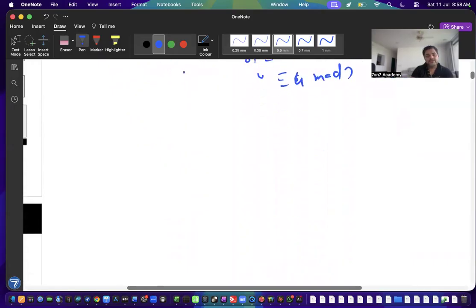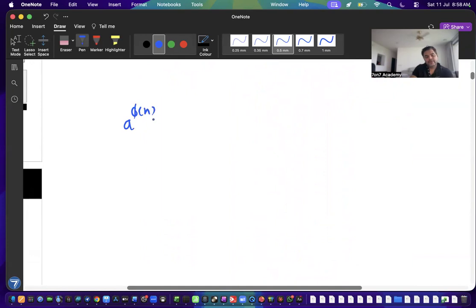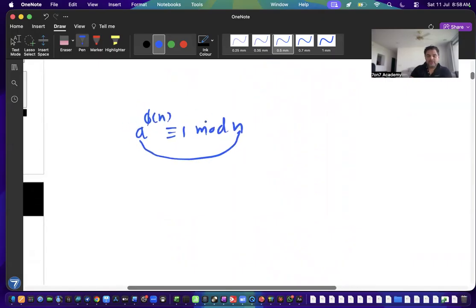So there is one more theorem: A raised to totient of n is congruent to 1 mod n, where n can be anything. The only constraint is that these two have to be co-prime. Now if I take here 10, here 7, so I have 7 raised to this, and I want 1 mod 10.